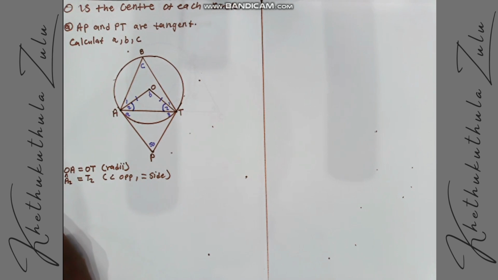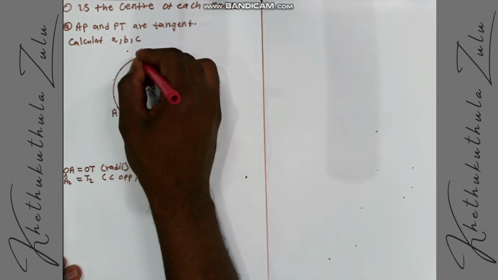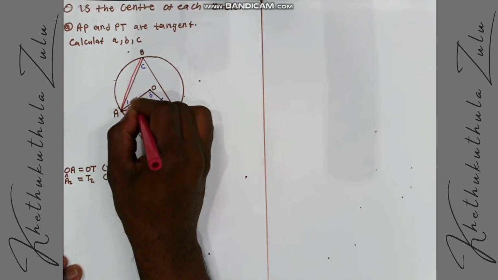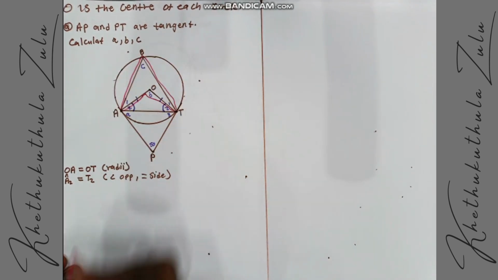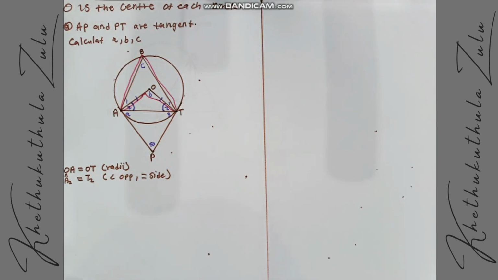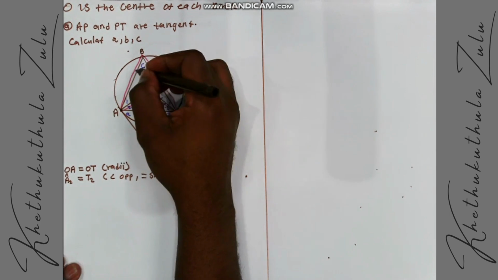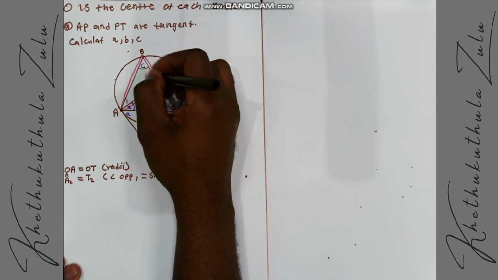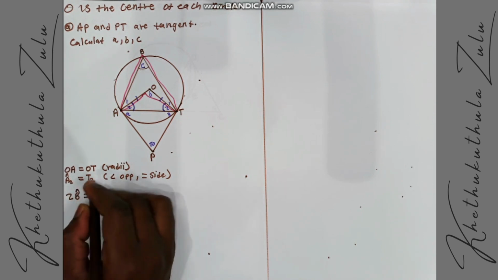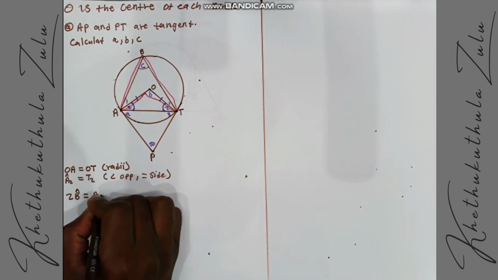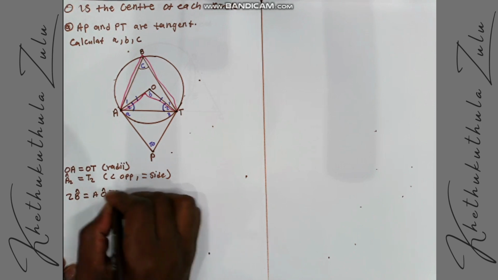We need to check something else revolving around O being a center. Theorem number 2: there is a shape that I'm seeing here, which is this shape. That's involving theorem number 2 when O is a center. This angle here is twice this one. So twice B is equal to angle AOT. Why?